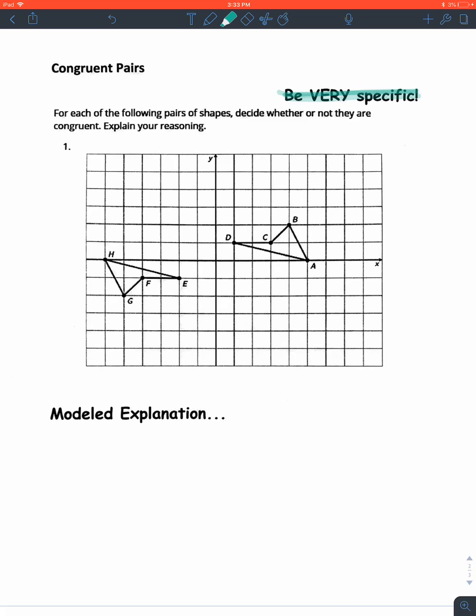What I want you to do is pause the video, and say yes or no whether you believe that they are congruent shapes. And I want you to give me some reasons as to why. You don't necessarily have to give me a full explanation statement yet, but give me reasons why those two polygons are congruent. Please pause the video now.